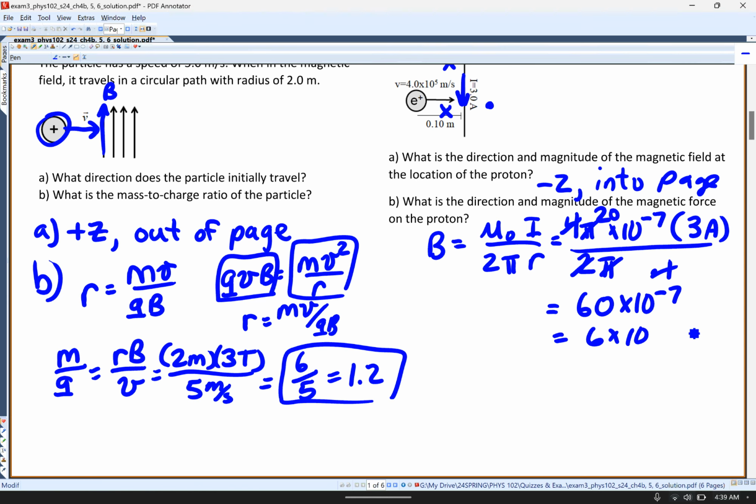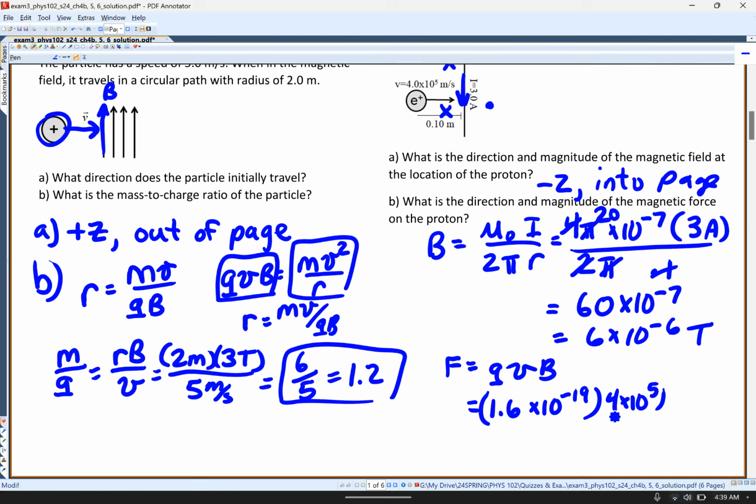And then I want to know the magnetic force. So the magnetic force is equal to QVB. It's at an angle of 90 degrees, so I'm just not going to write the sine of theta. So this is a proton, so it's 1.6 times 10 to the minus 19. The speed is 4 times 10 to the 5th. And then the magnetic field I've already found is 6 times 10 to the minus 6.